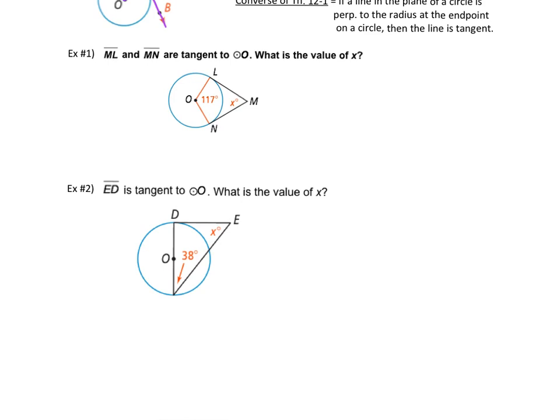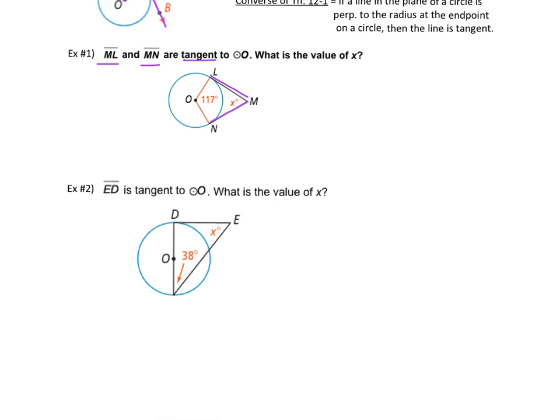This first example, thinking about what we know here, it says ML and MN are tangent. Okay, so this line and this line segment are tangent to the circle. What is the value of x? And notice we're talking degrees here, okay?